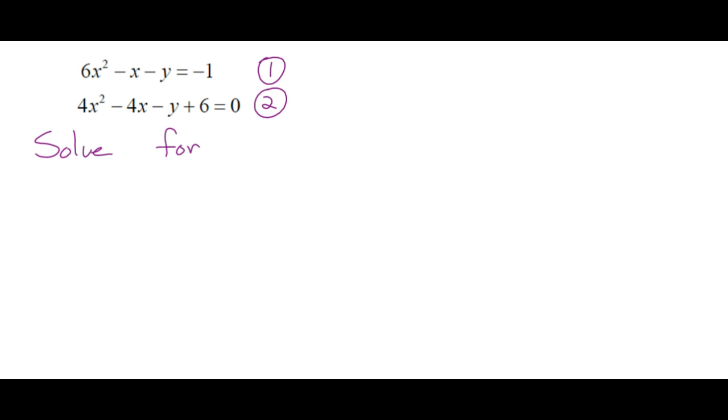Solve 1 for y. You could have solved 2 for y. It's not going to make a huge difference, right? You're still going to end up with a quadratic. You're still going to get the x values, whatever. But 1, I think, is just a little bit easier. Okay, so what's y equal?